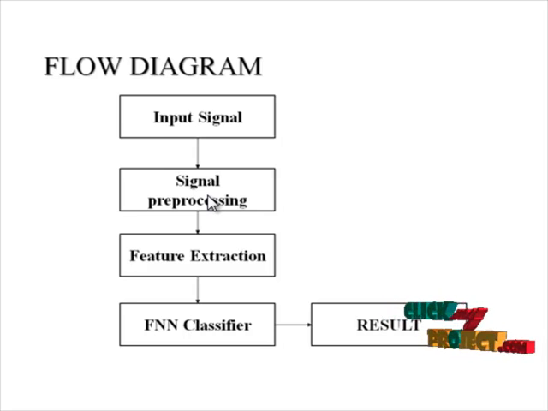The DFT is obtained by decomposing a sequence of values into components of different frequencies. This operation is useful in many fields, but computing it directly from the definition is often too slow to be practical. In the feature extraction phase, we detect the QRS complex. The QRS complex is a name for the combination of three of the graphical deflections seen on a typical electrocardiogram.